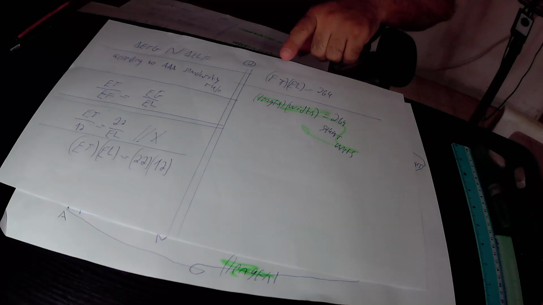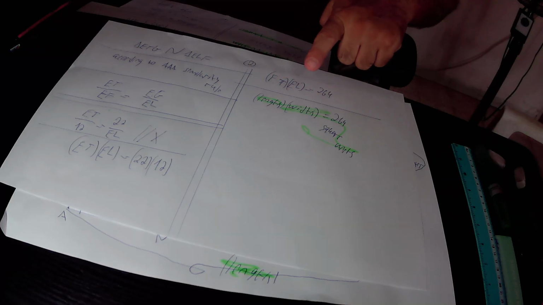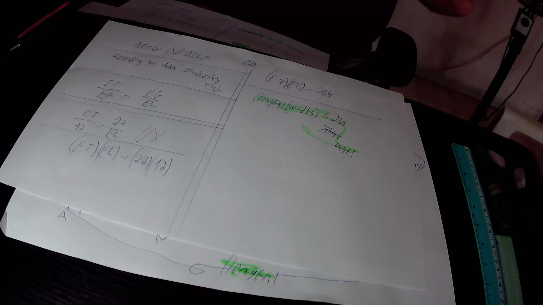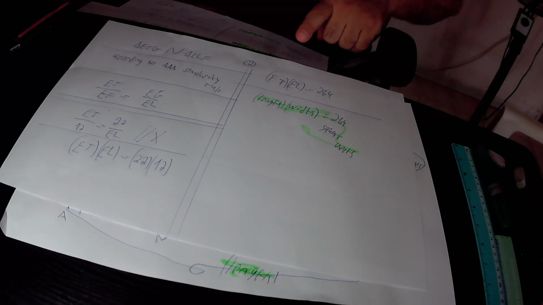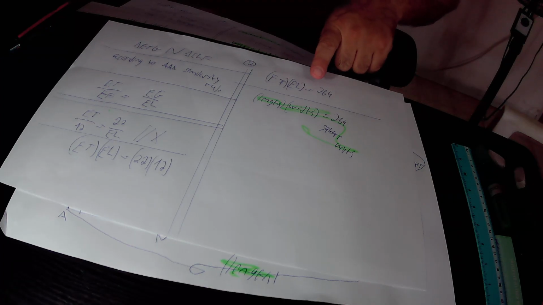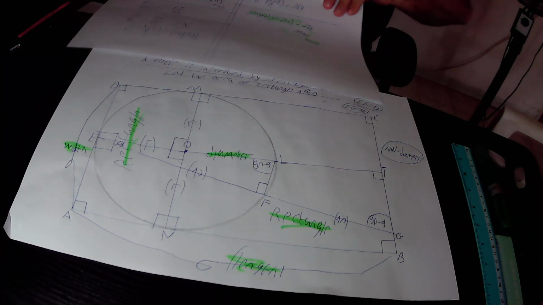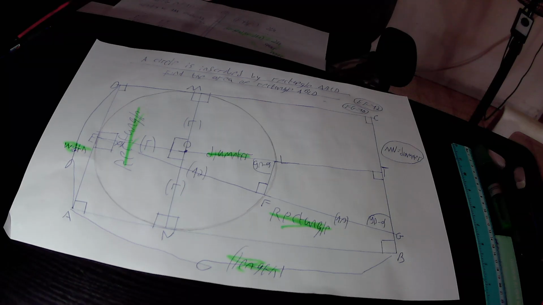So we substitute ET by the length of rectangle ABCD and EL by the width of rectangle ABCD. So in total we found out that the length of rectangle ABCD times the width of rectangle ABCD is equal to 264 square meters. So again we found out that the area of this rectangle ABCD is equal to 264 square meters.